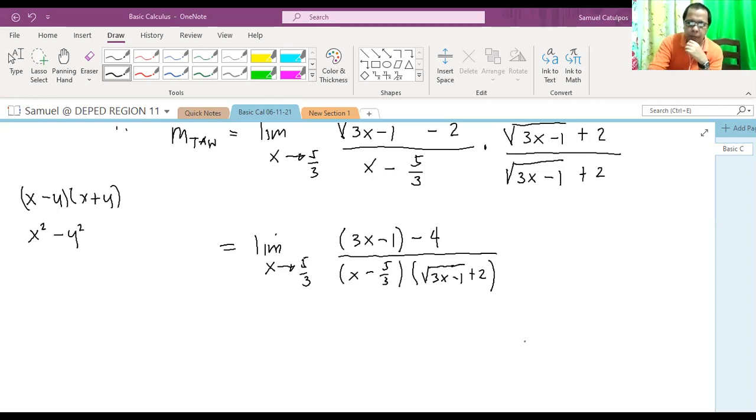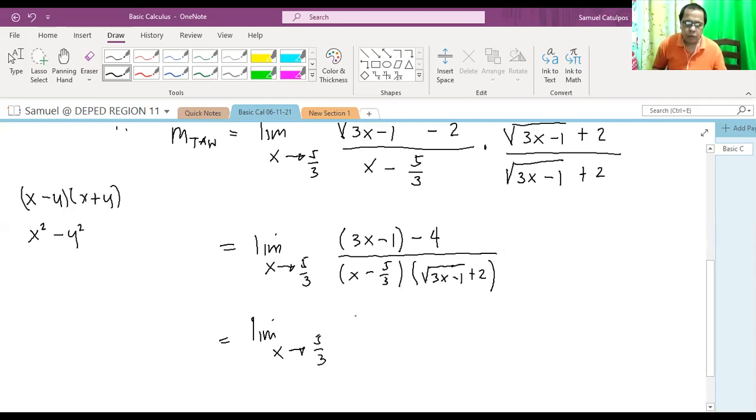Okay, so buhaton na to ani. Sige. So this is just equal to, taas tig solution ba? Limit x approaching to 5/3. Okay?